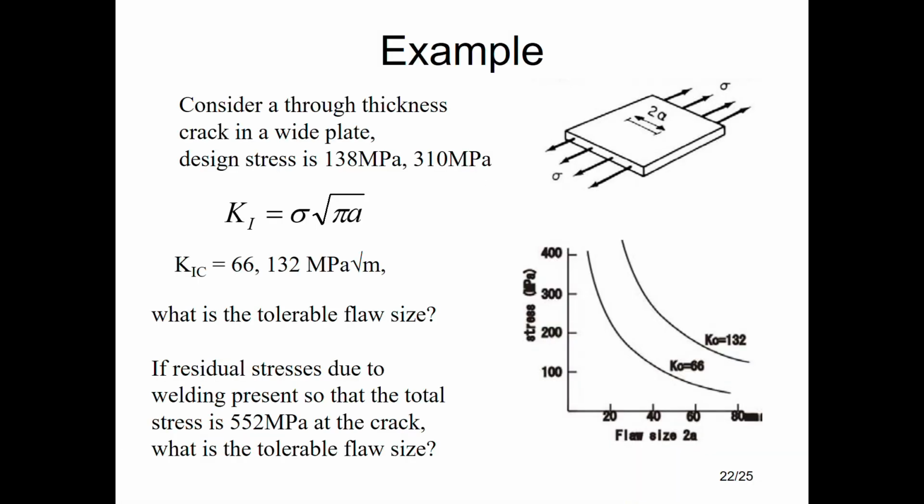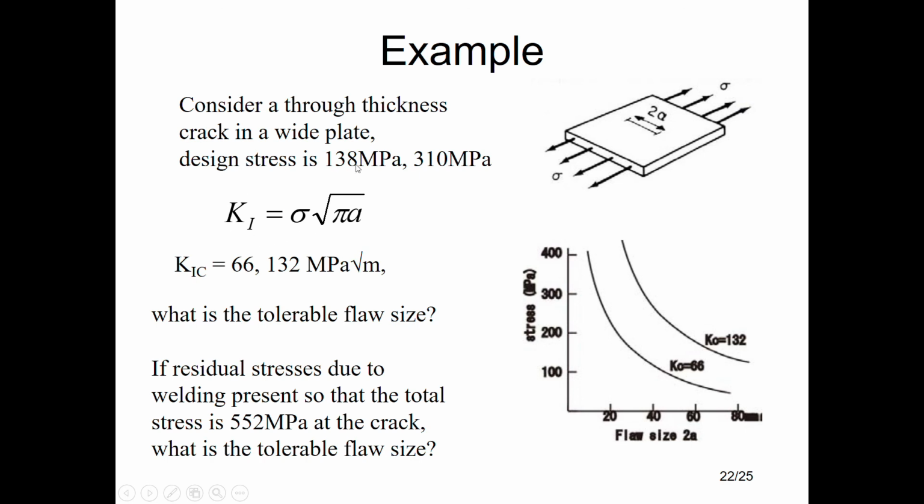Okay, let's consider this example. If I have a structure that has a through-thickness crack in the middle of the structure, and also I have two sides of tensile load represented by sigma. The question said consider a through-thickness crack in a wide plate. Design stress is 108 megapascal and 310 megapascal.